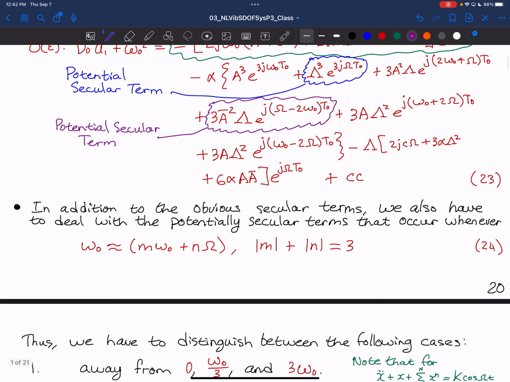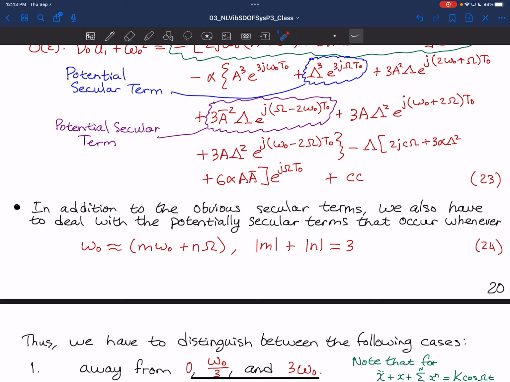Okay, so in addition to those obvious secular terms, we will get a secular term whenever the following equation is satisfied. Depending on what omega is, the two terms here may be secular.